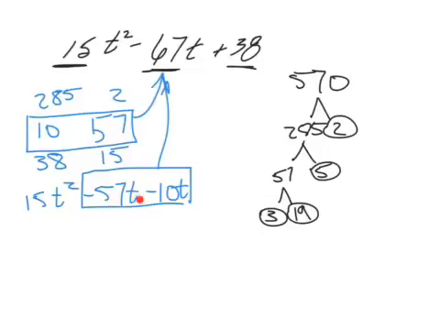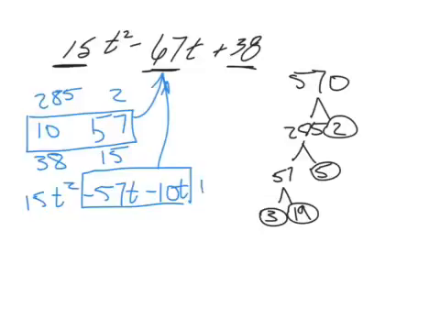Alright, so we have to find two numbers added or subtracted or taken the difference of or whatever that is going to give me this middle term, and in this case it's negative 57 and negative 10. So I don't really care what numbers I have here, whether they're positive or negative, just so that if I can combine them some way, I'm going to get 67. And I was able to. If I make this a negative and this a negative and add them, I'm going to get my negative 67.